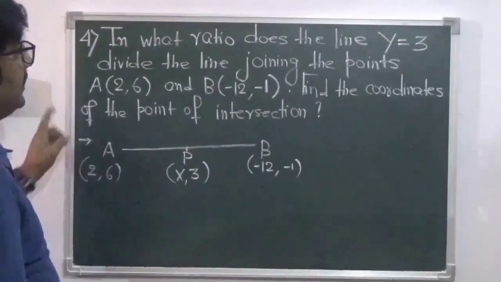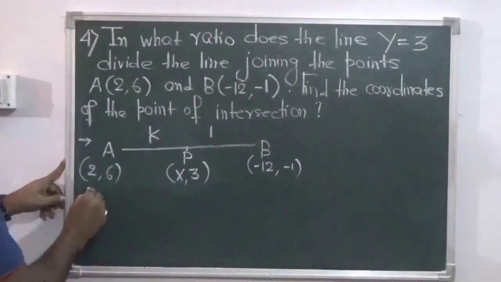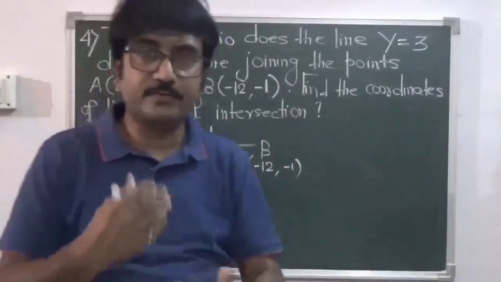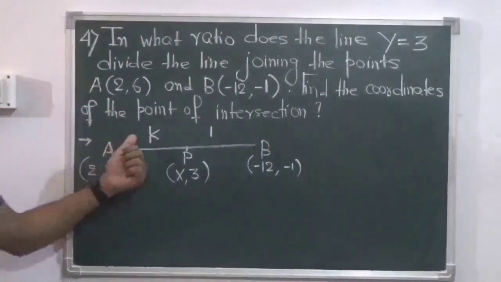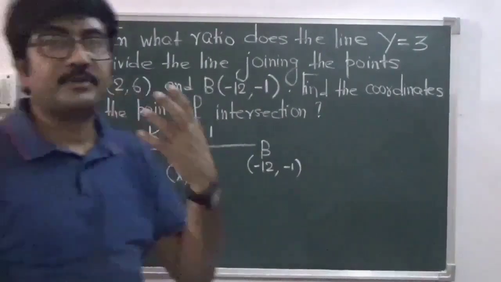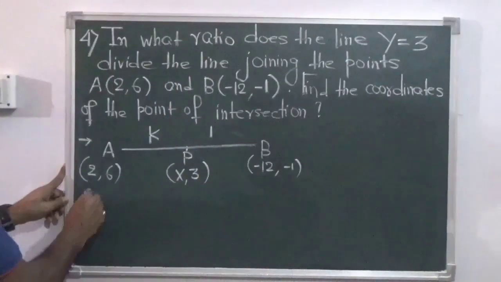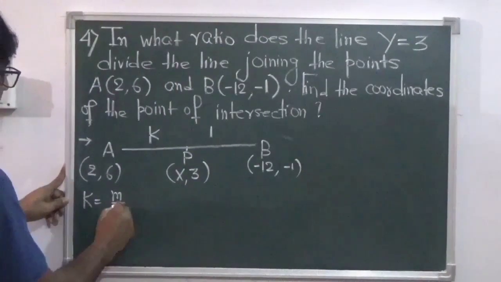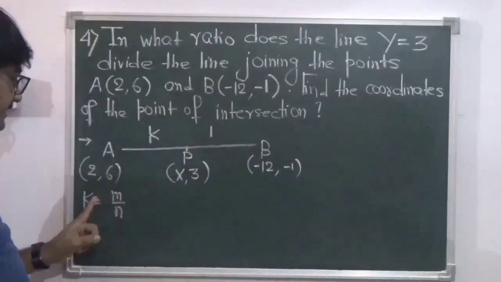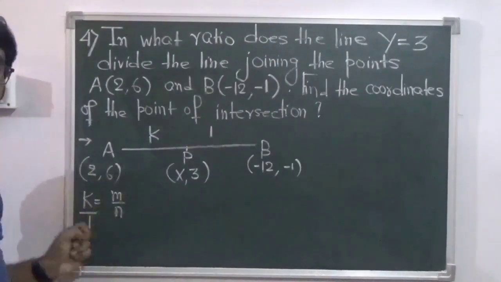Now in what ratio? Let us take this ratio as k is to 1, whereas we have been taking the ratios as m is to n. If you take the ratio as k is to 1, then you have to deal with only one variable, that is k, where k is equivalent to m by n. If you find k, you get the ratio m by n.